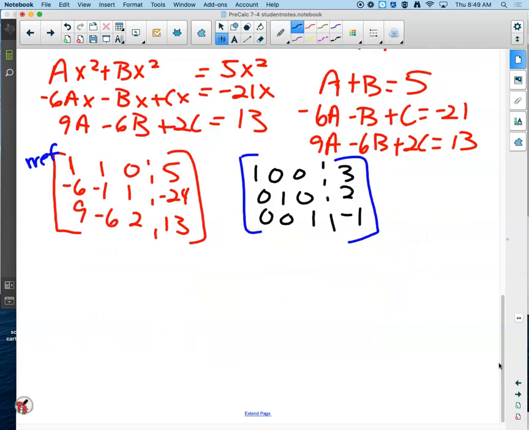Somebody read off to me what this would look like, please. What would our partial fraction decomposition answer be? Do we know what we're getting here?